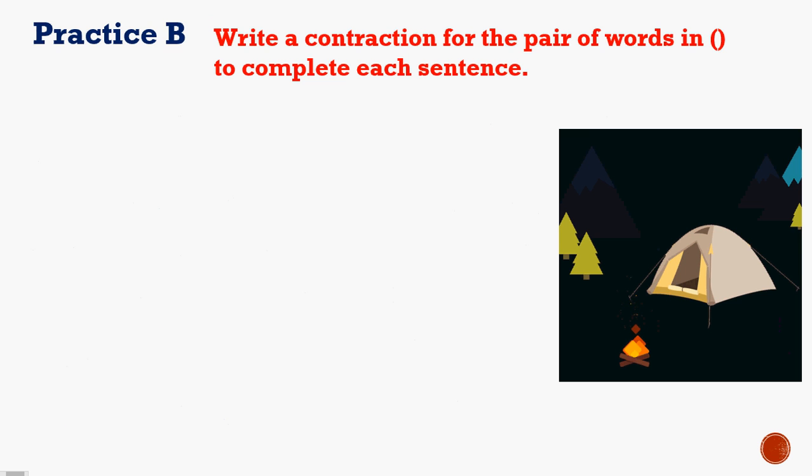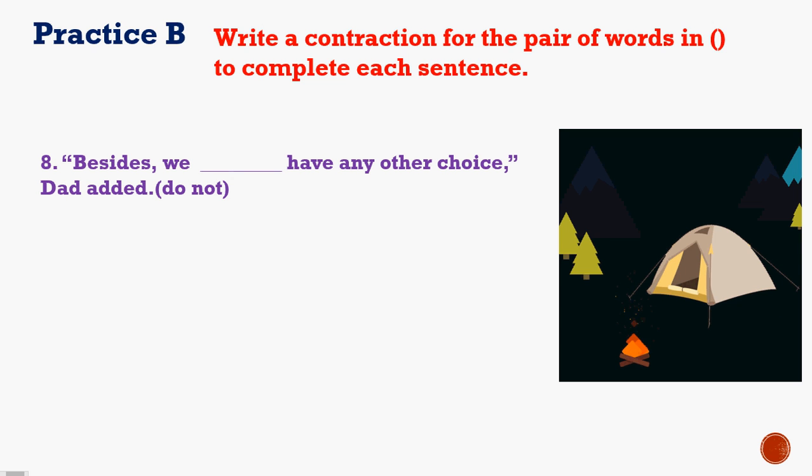Number 8. Besides, we have any other choice. That added. And the contraction for do not is don't. Don't. Repeat with me. Don't.